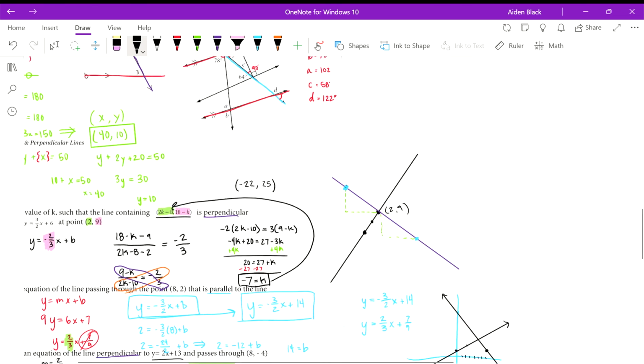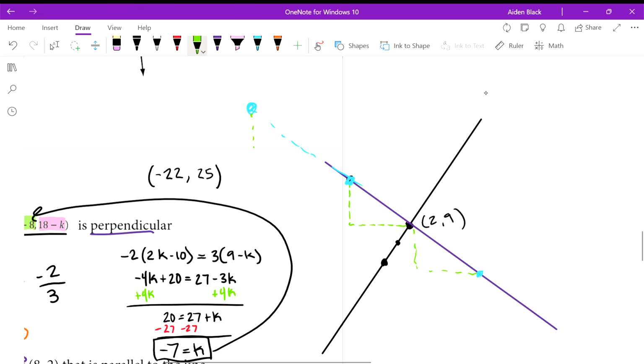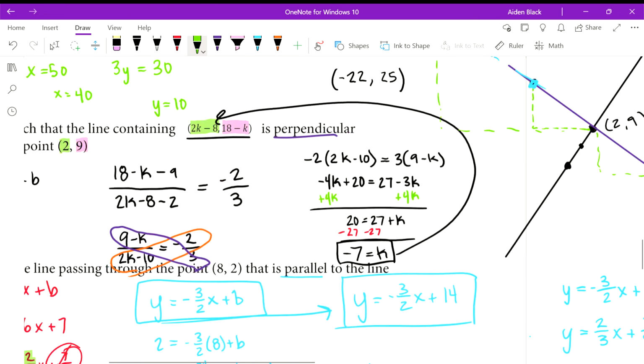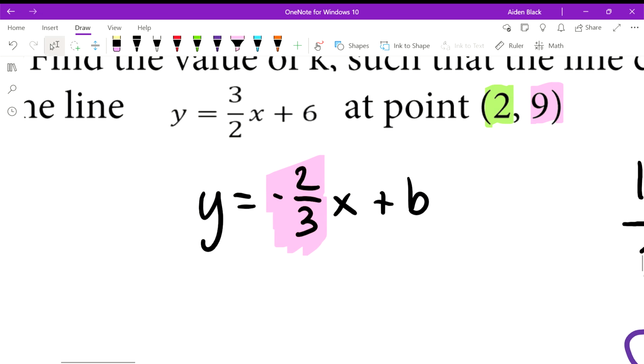So that point would be all the way up here. But it would be on the line, and if you looked at the slope from that point all the way to here, whatever it is, it would reduce to, what was the slope we chose? -2/3. So that is the value of k.